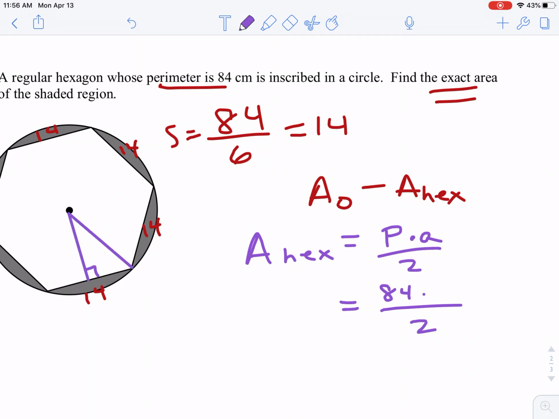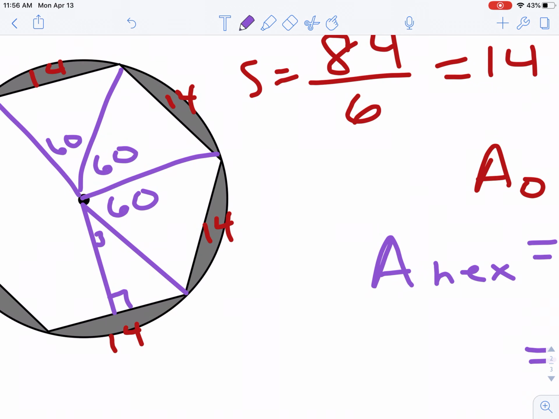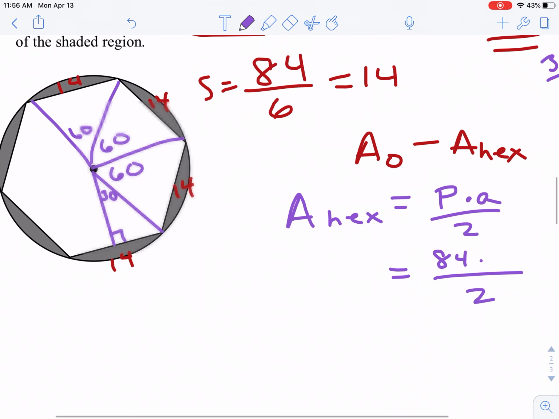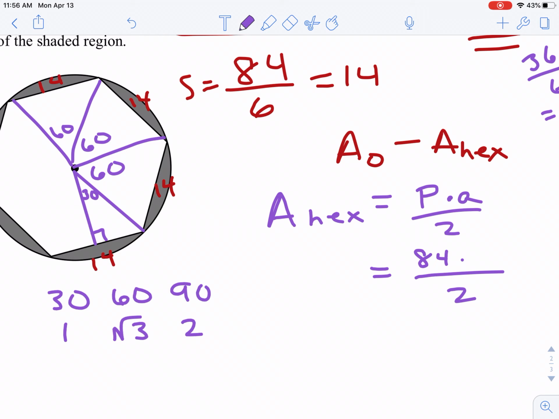I'm going to draw in my right triangle. And if I divide 360 into the 6 triangles, I get 60 degrees for each of the isosceles triangles, right? So these are all 60, which means this little half triangle that I've created is only 30. Okay, so I can set up a 30, 60, 90 ratio. 1, root 3, 2.